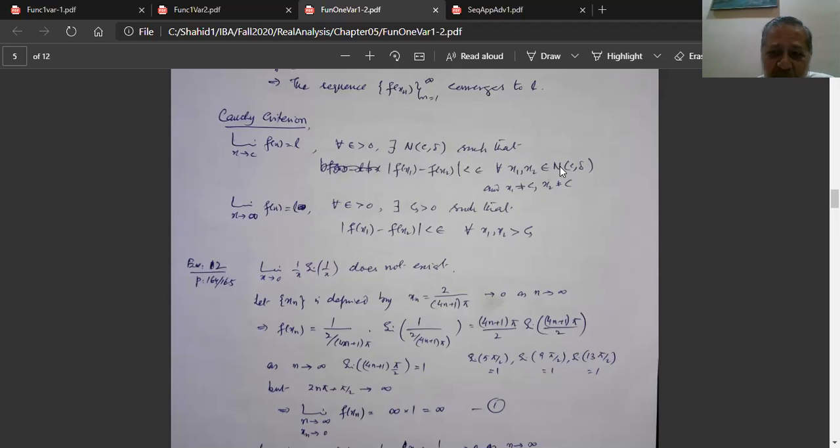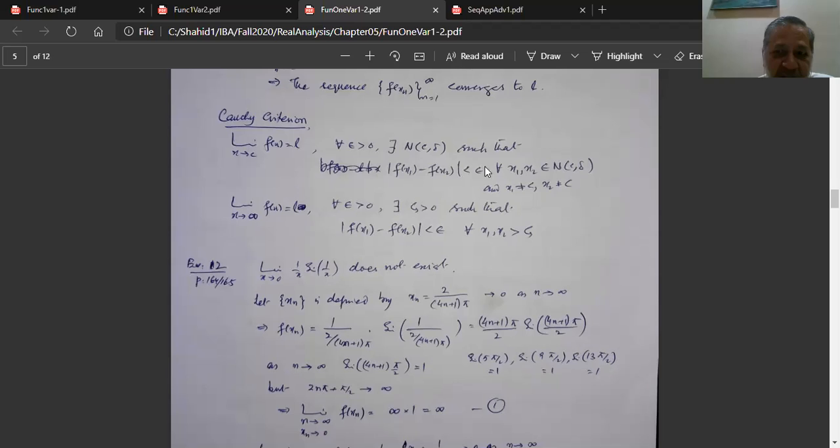In that neighborhood, if you take any two x values, any pre-images, then their images will be very, very close. This expression means when x is very, very close, f(x) is very, very close.